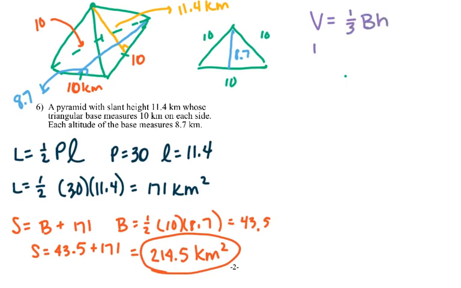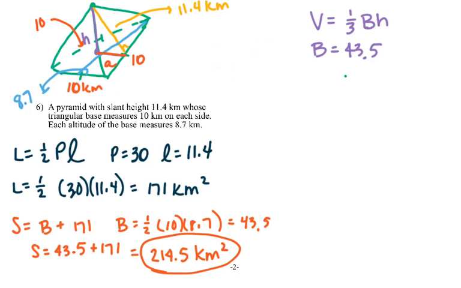We have our base. We figured that out with surface area was 43.5. Here's that hard part, the part that we don't, it's just so much fun, is finding the height. So the height of the pyramid has to connect with the apothem and the slant height. So we need to erase, first of all, because we need to get a clear picture of what's happening here.